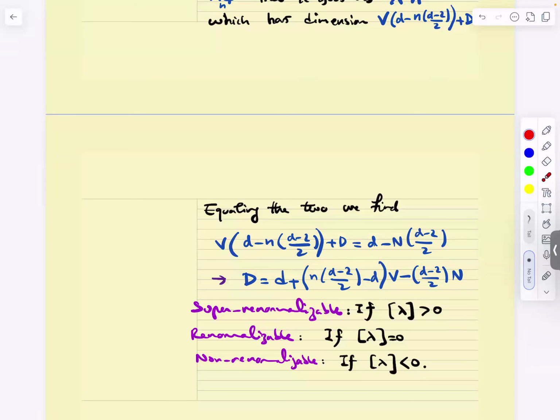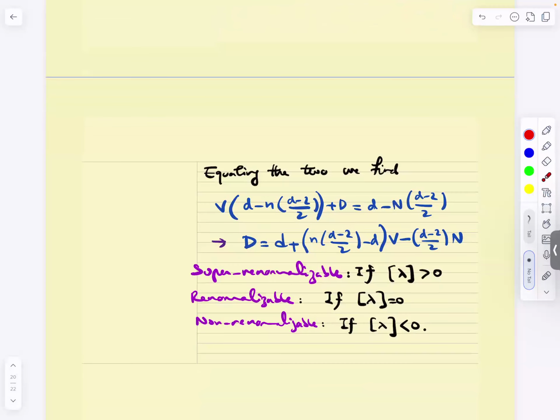Right? So we first started with QED in 4 dimensions. We saw that it's renormalizable. Then we talked about other dimensions. Then we talked about lambda phi^4 in other dimensions, and now lambda_n phi^n in other dimensions.